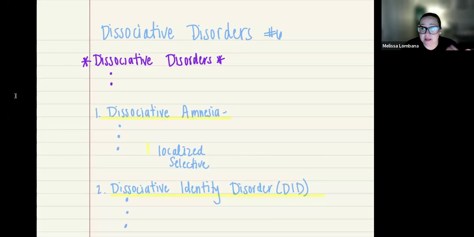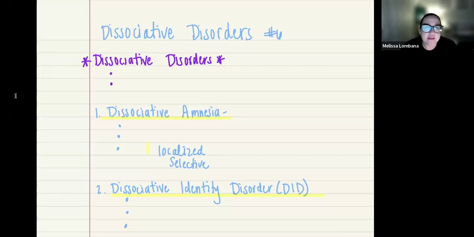People that exhibit this can sometimes be found wandering, not knowing who they are, their life, their name. So many times, they'll be picked up by police, or they are sent to a psychiatric hospital in hopes that the memory does come back. But this is actually really rare.